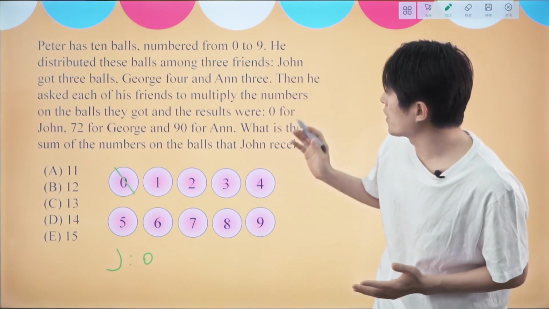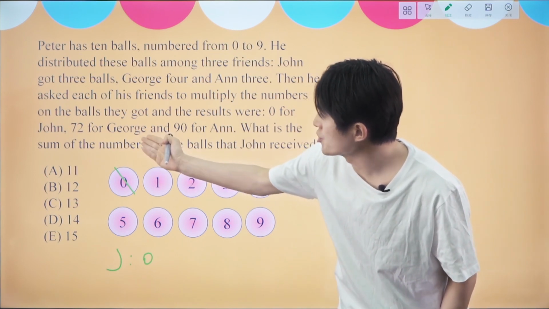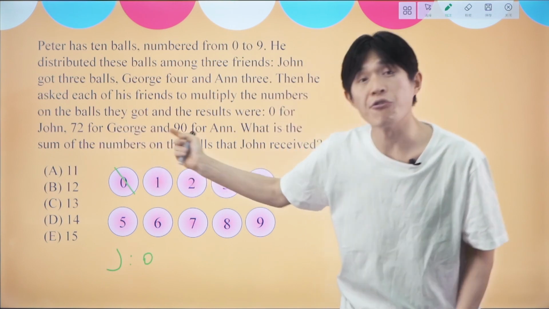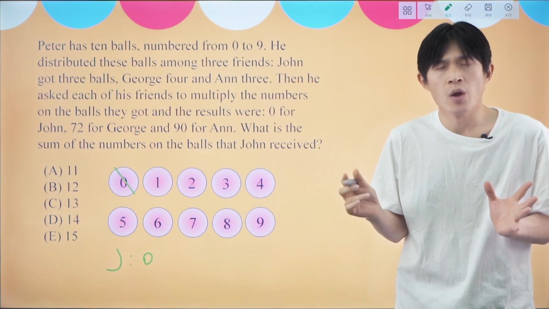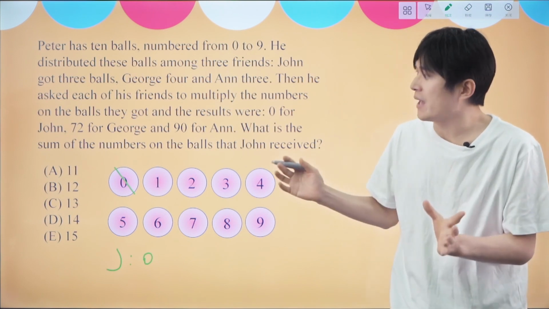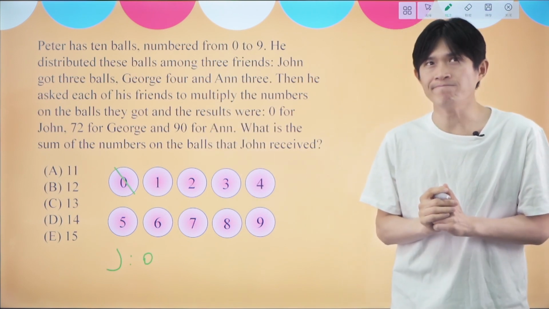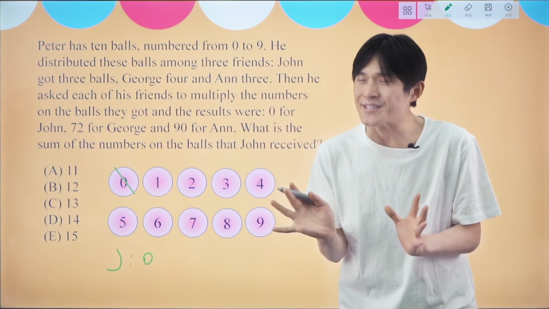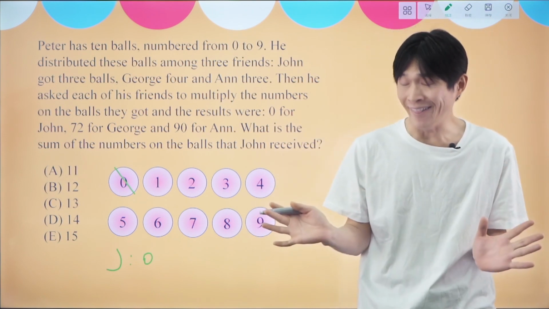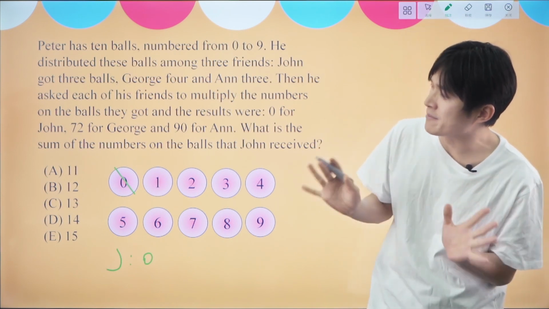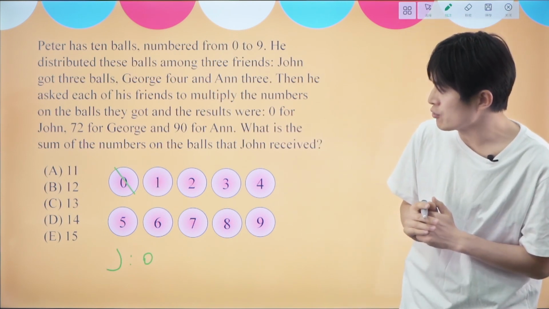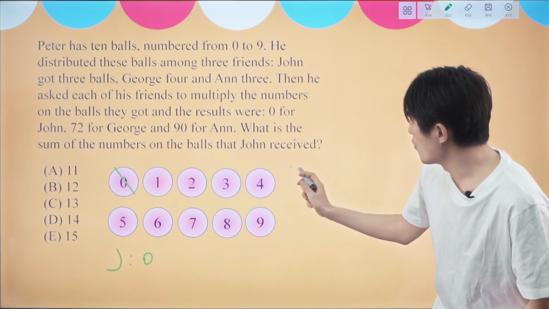And then we notice that it's 72 for George. So which numbers, when you multiply them, you get 72? 8 times 9 is 72. So we write it here.